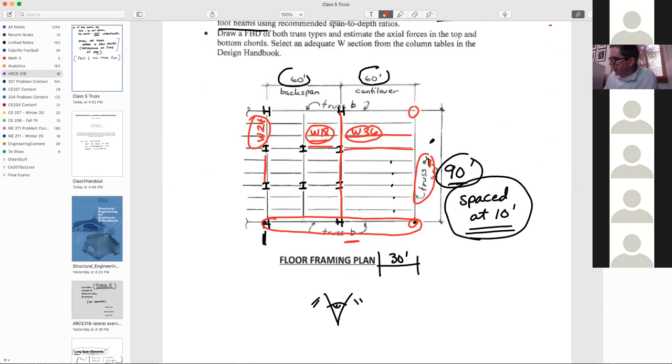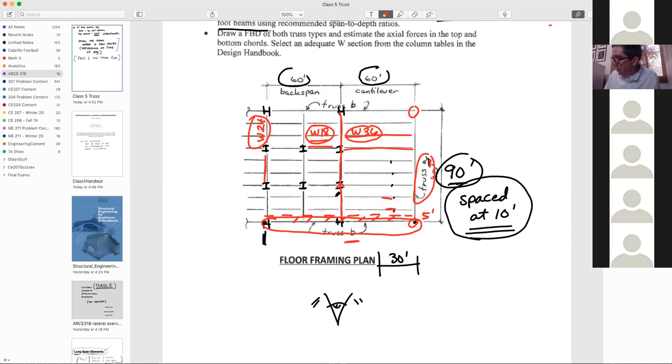And so if you notice here, we've got tributary. It's actually very small. The width is only 5 feet. The other 5 feet go to the beam, right? That's framed in, that then delivers load from the girder.